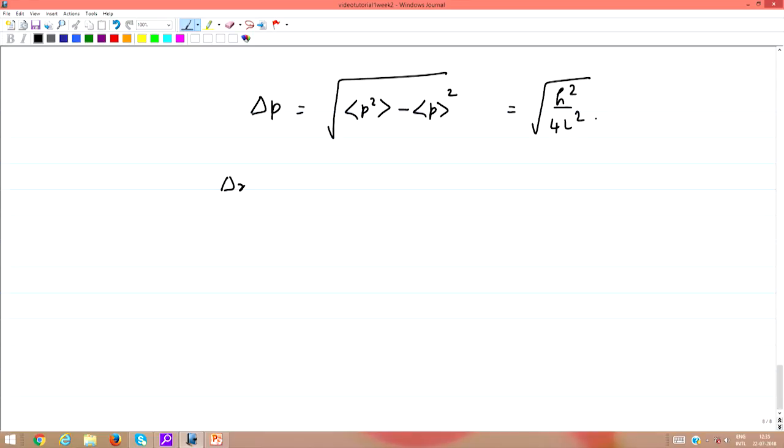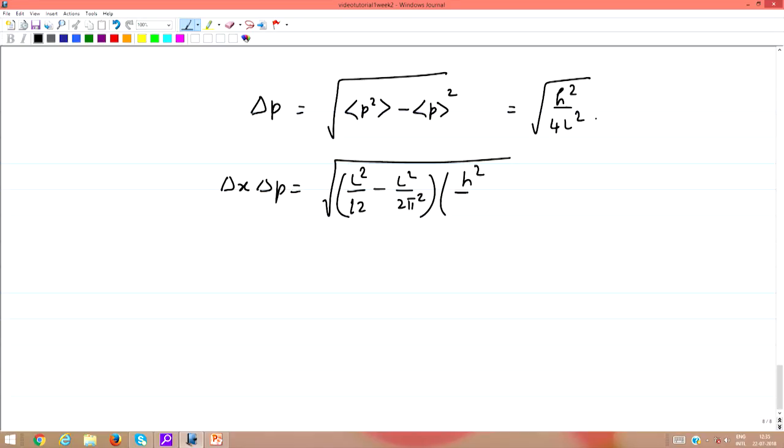Therefore, delta x delta p now becomes square root of L square by 12 minus L square by 2 pi square from the delta x, and this becomes h square by 4 L square. So, the L's cancel off and h square becomes h, and what you have inside the square root is h by 2 here, and inside the square root you have 1 by 12 minus 1 by 2 pi square.